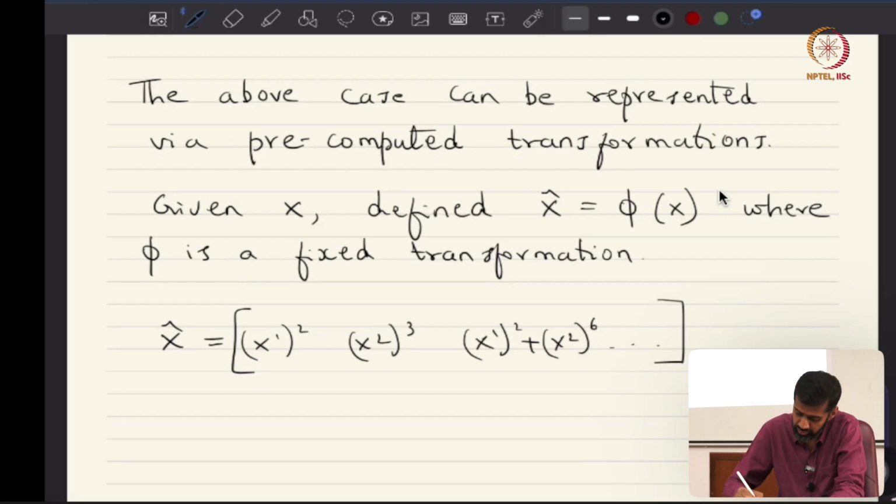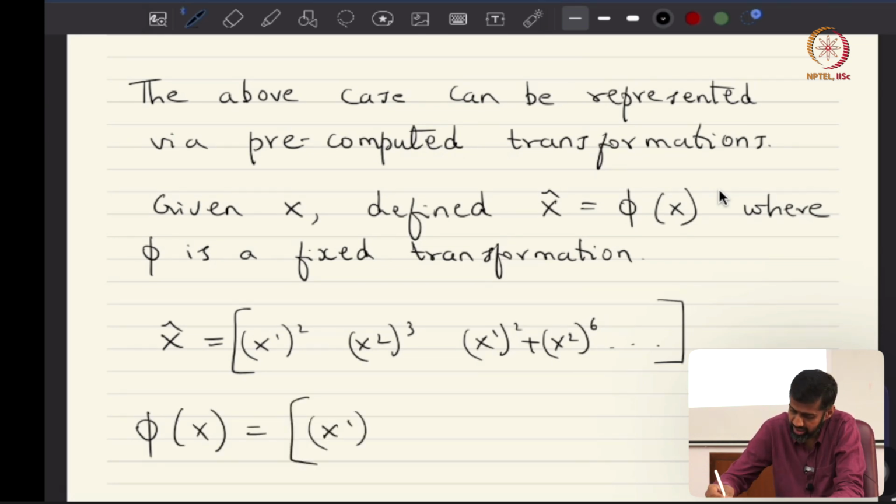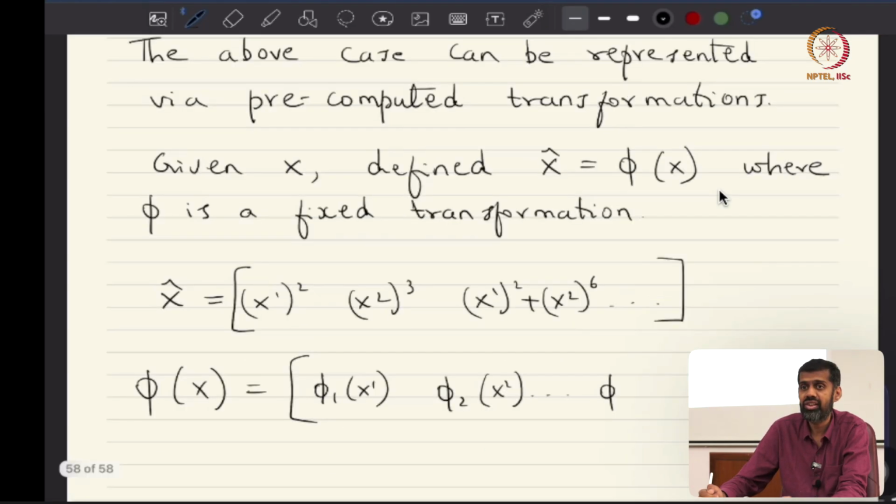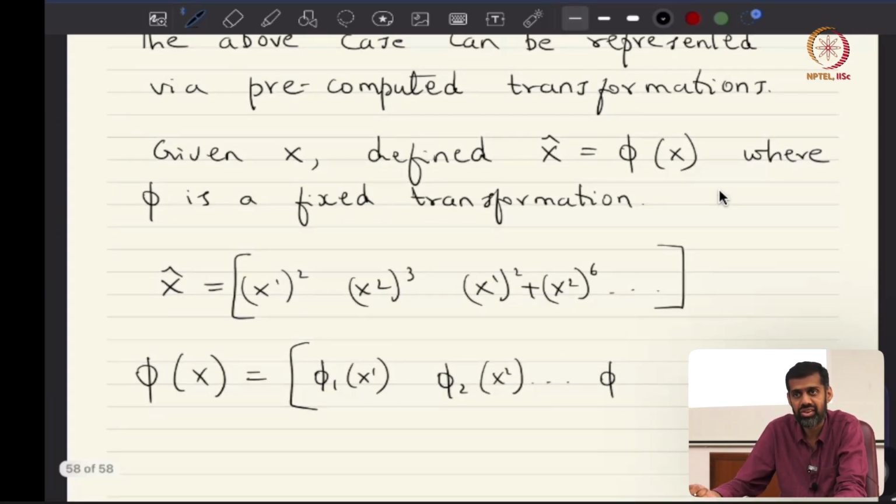You understand? So phi of x, you do it dimension wise, where you take the first dimension and make it undergo some transformation. See, phi 1 of the first dimension, and you have phi 2 of the second dimension and so on. How many transformations can we learn on data dimensions? That's a design choice.